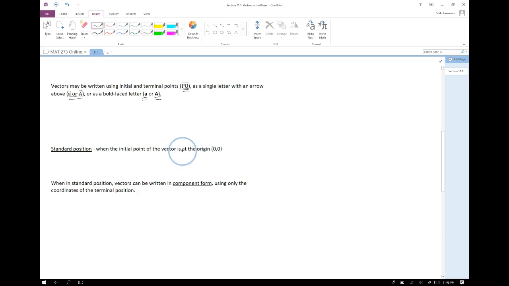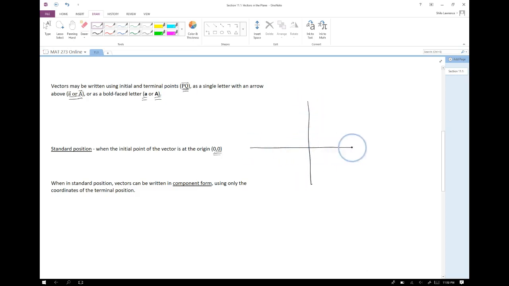When the initial point of a vector is at the origin, 0, 0, we consider it to be in standard position. And if we're doing a problem that works with a bunch of different vectors, and we slide all of them into standard position, then they will all have an initial point of 0, 0. So the only thing that will be different about all of our vectors are their terminal points. So that new terminal point, once we slide it into standard position, is really important, and it's going to be how we represent a vector in standard position.